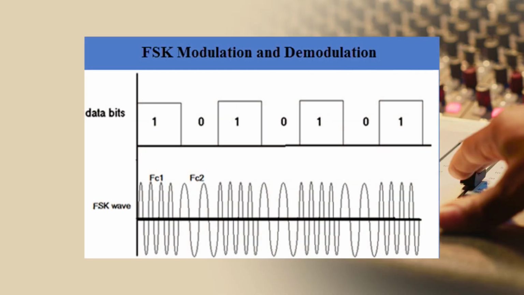The waveform of an FSK modulated signal is characterized by changes in frequency over time. The key feature of the waveform is the frequency shift. The most distinctive feature of the FSK waveform is the shift between different frequencies representing binary data.